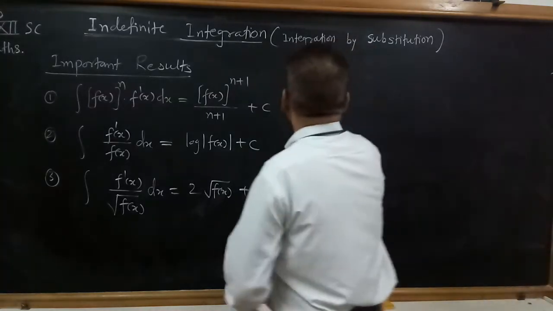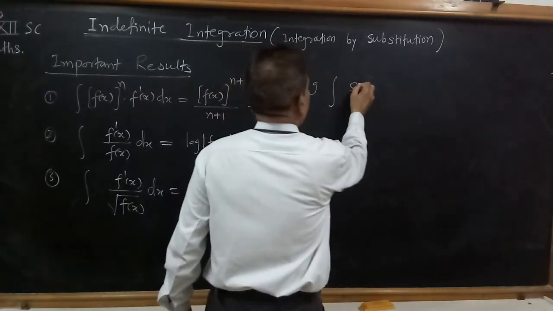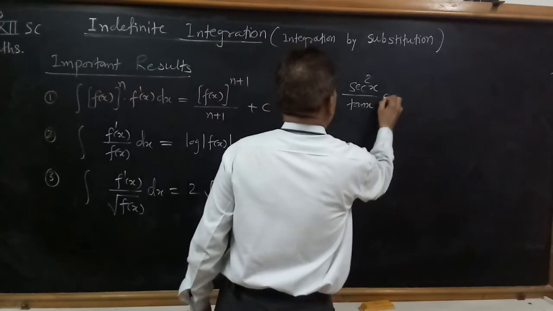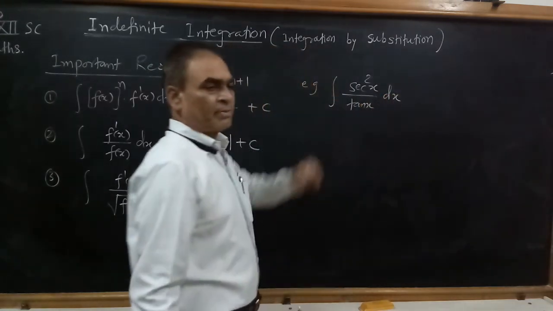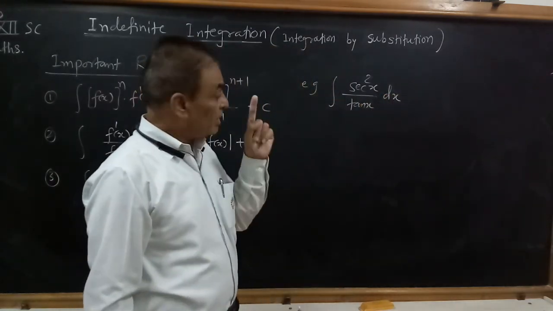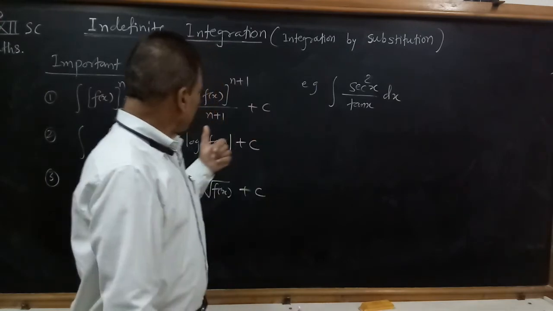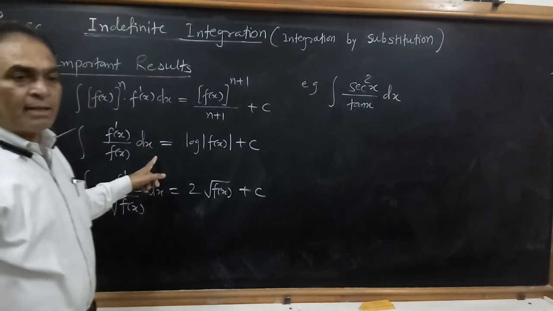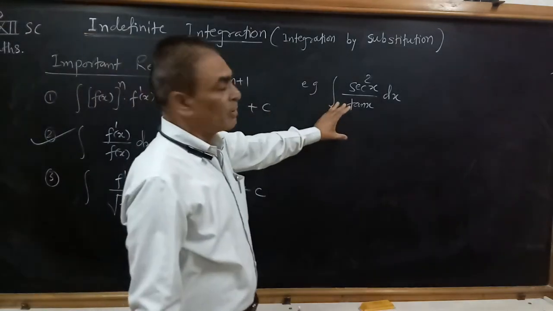For example, integration of sec square x divided by tan x into dx. What is the integration of this? You remember the second important result and observe the problem carefully.